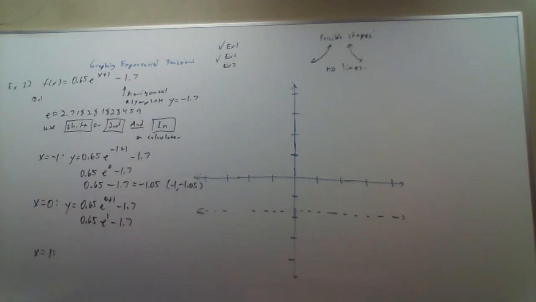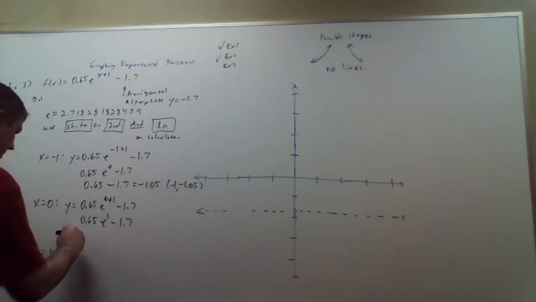So we'll take e to the first: shift or second ln, e to the first gives me a number that looks like that, and then take it times 0.65.